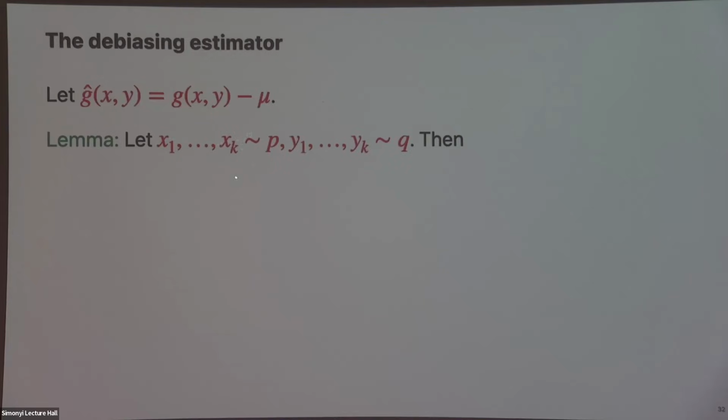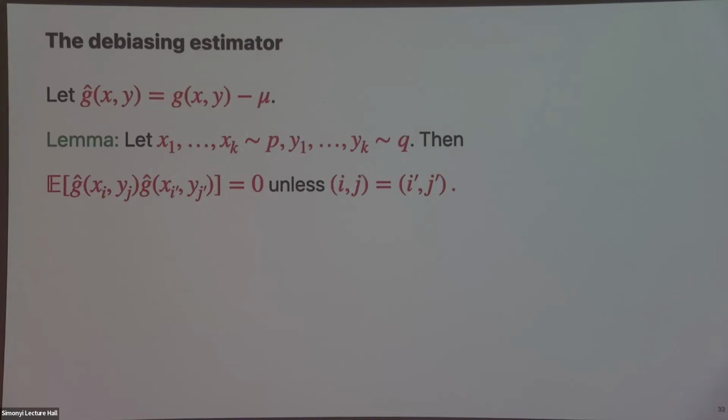Let x1 through xk be drawn from P, y1 through yk be drawn from Q. Then the expectation of g hat applied to xi yj times g hat applied to xi prime yj prime is 0 unless ij is equal to i prime j prime, right?